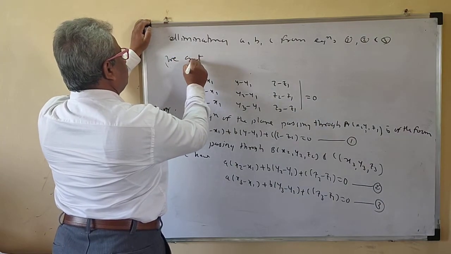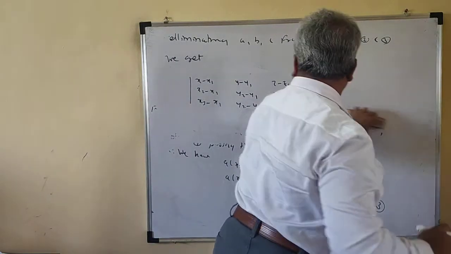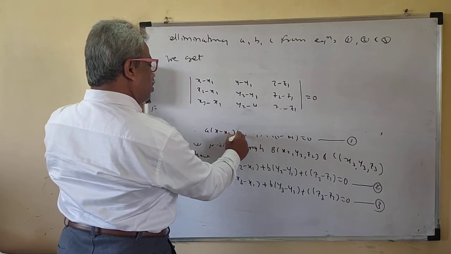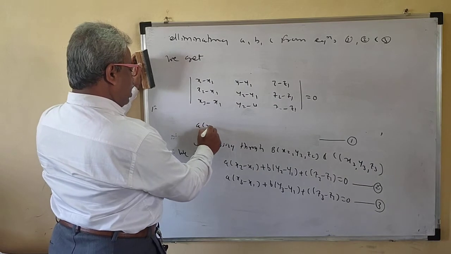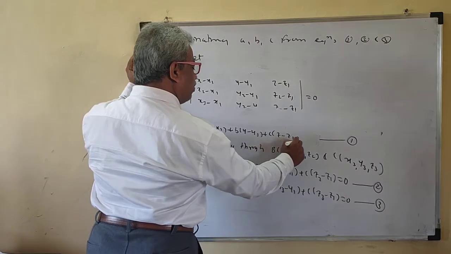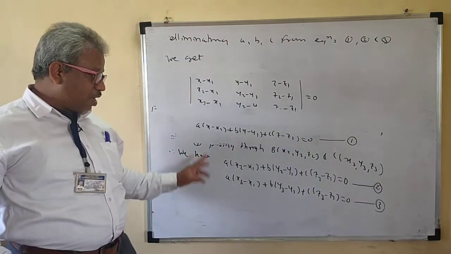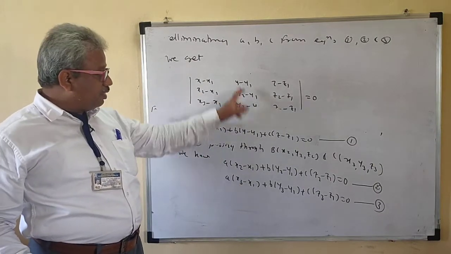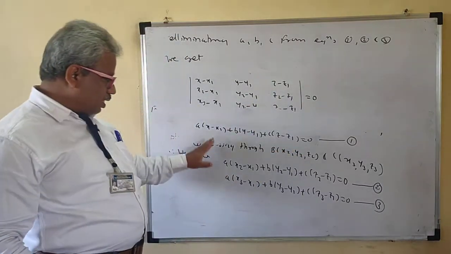Equation 1 is a into (x minus x1) plus b into (y minus y1) plus c (z minus z1) is equal to 0. Eliminating a, b, c from 1, 2, 3, the first column is the coefficient of a, the second column is the coefficient of b, and the third column is the coefficient of c, because all are equal to 0.